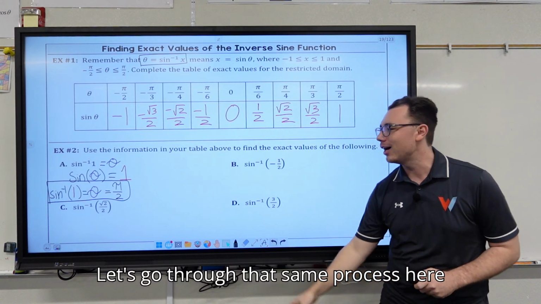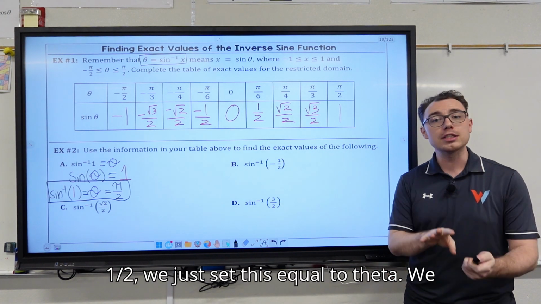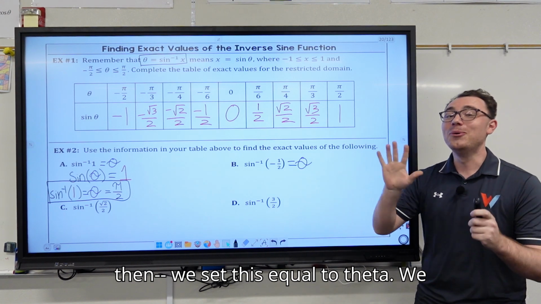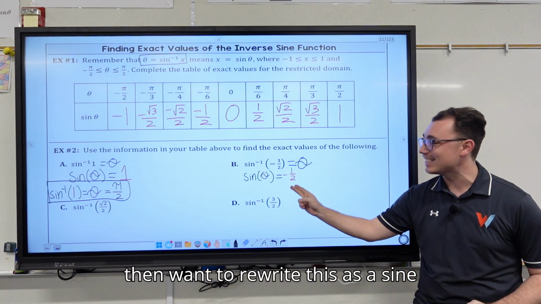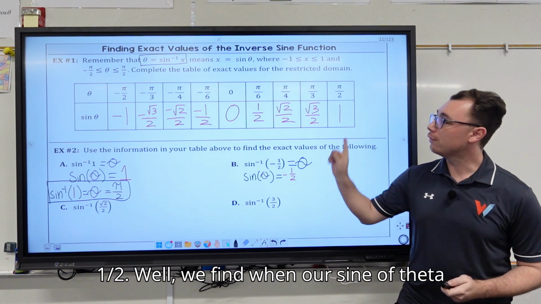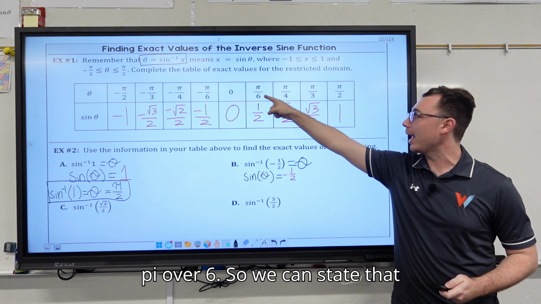Let's go through that same process here with part B. For inverse sine of negative 1/2, we just set this equal to theta. We then want to rewrite this as sine of theta is equal to negative 1/2. Well, we find when our sine of theta is equal to 1/2, and it's going to be at pi over 6.